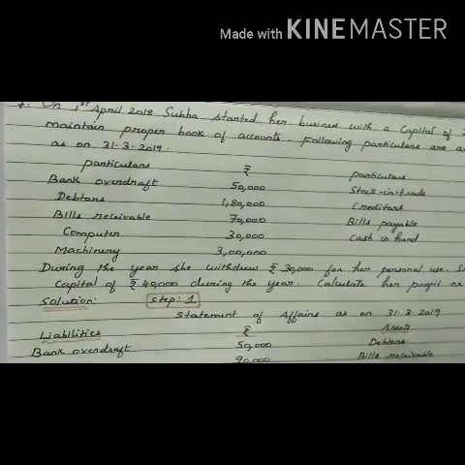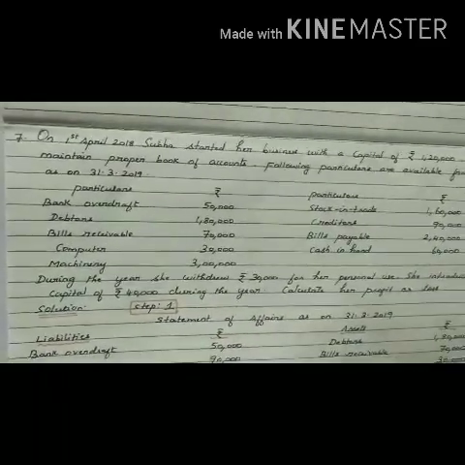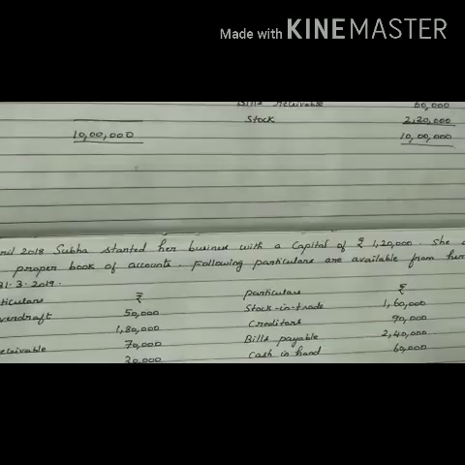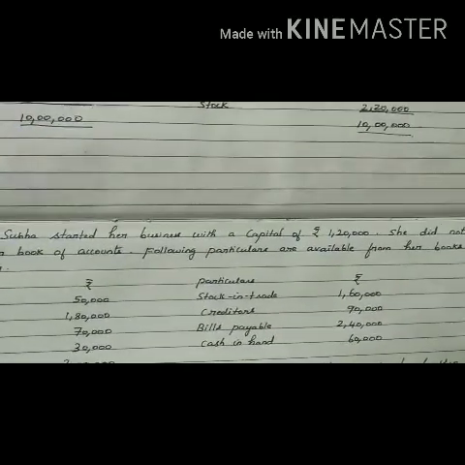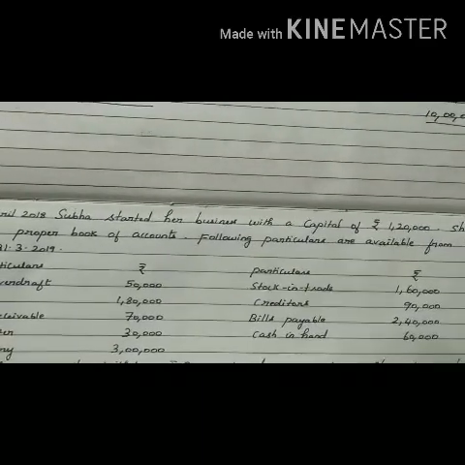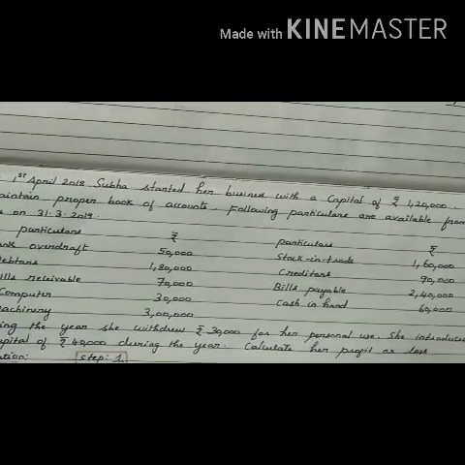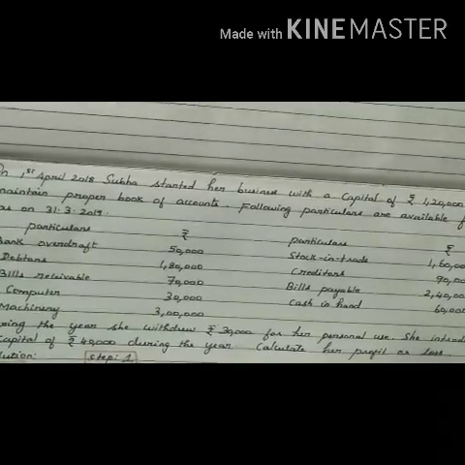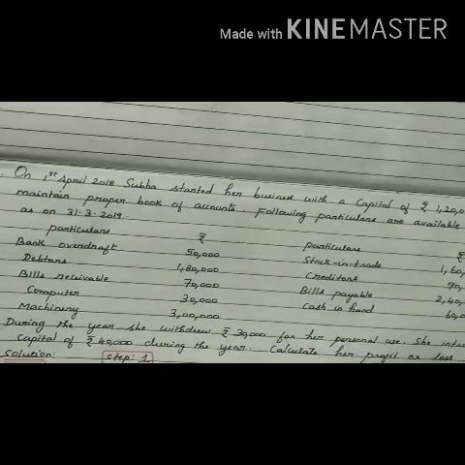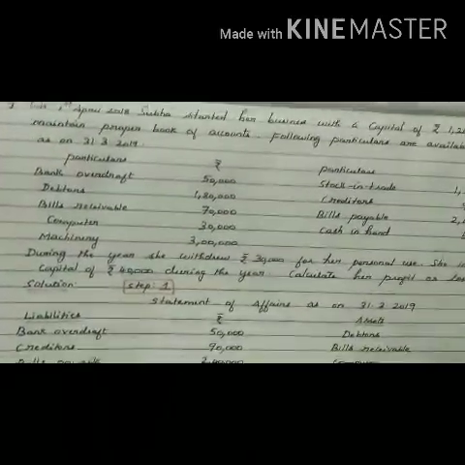They didn't give us any detail about the closing capital. Initially, Subha started her business with a capital of 1 lakh 20,000. This 1 lakh 20,000 is the opening capital, and we don't know anything about the closing capital. We are now going to prepare statement of affairs to find out the capital as on 31st of March 2019, that is the closing capital.